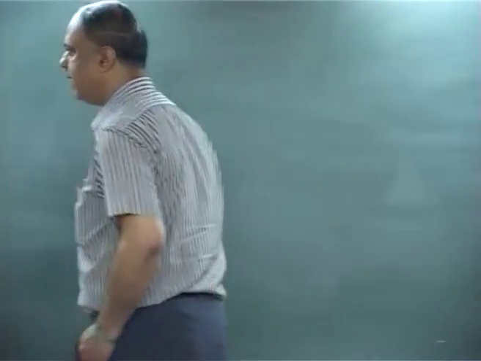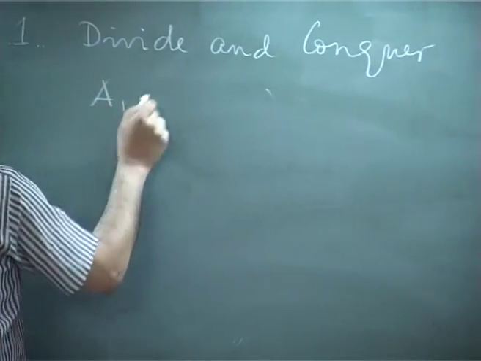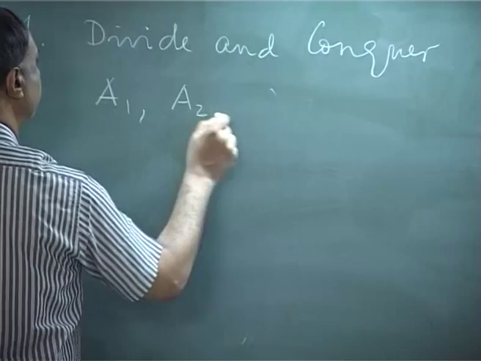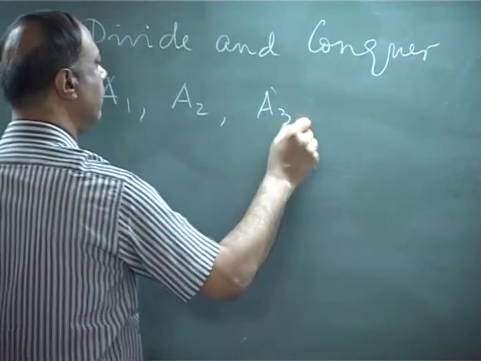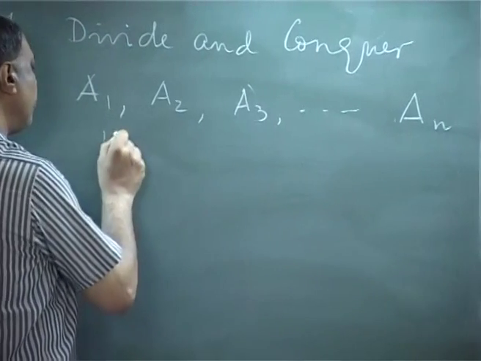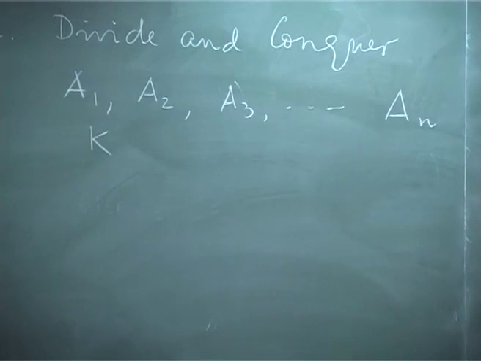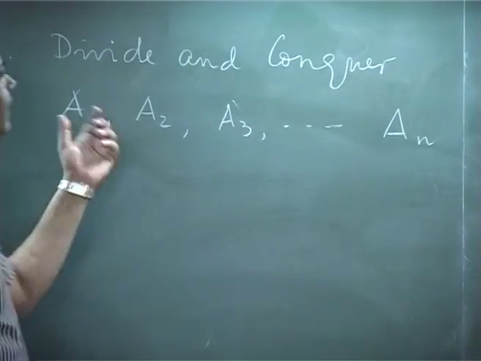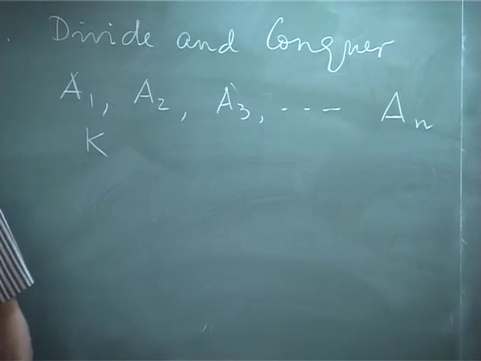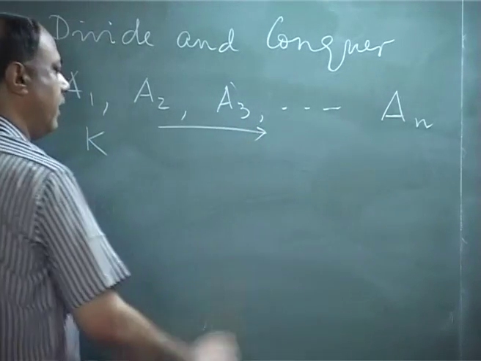So suppose you have n elements, A1, A2, An, and an argument k. You are interested to find whether the element k exists in this sequence of n elements or not. Now it is assumed the elements are in increasing order.